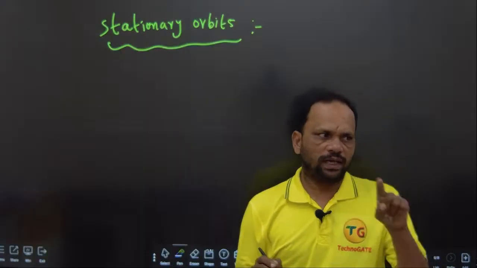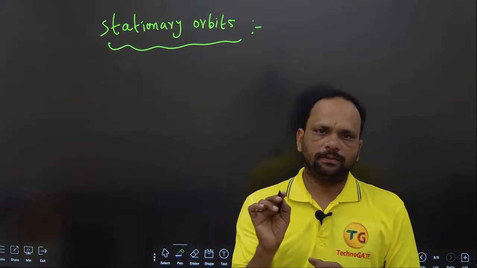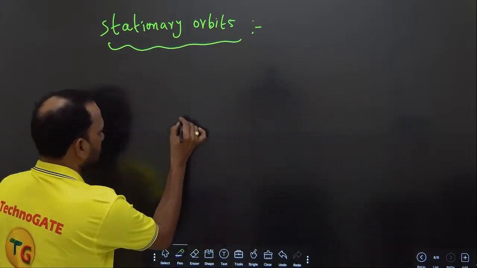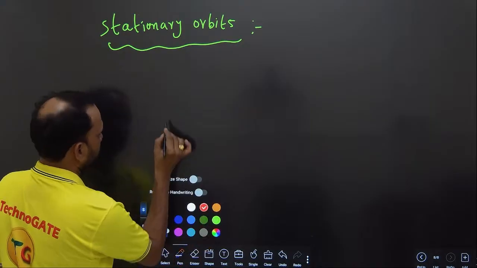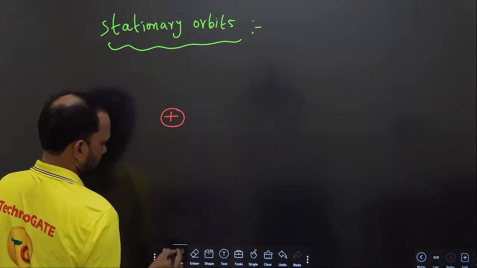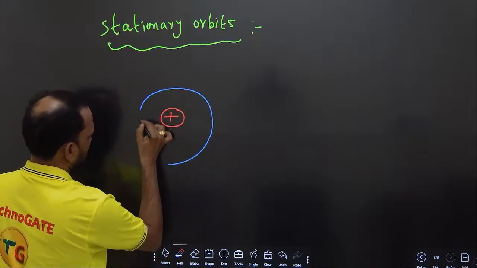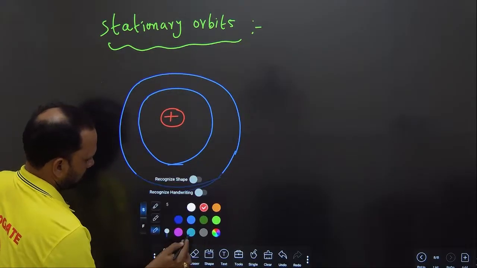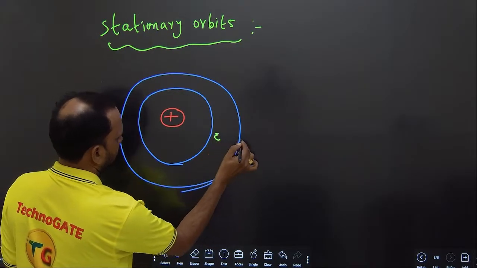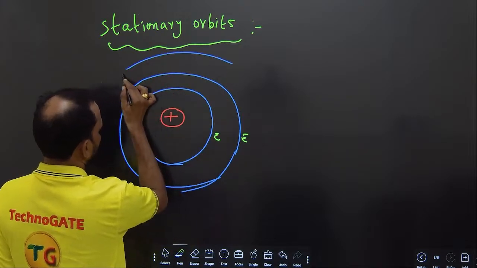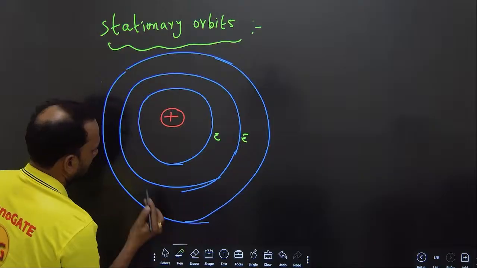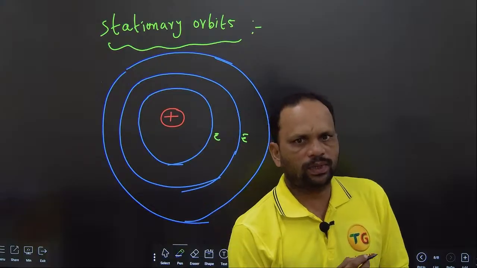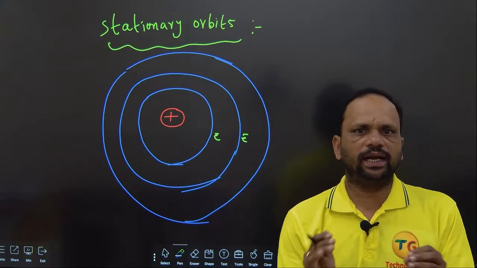In the first postulate, electrons are revolving around the nucleus in a discrete circular orbit. Here, the electrons rotating around the nucleus, this is the nucleus, are moving in circular or discrete orbits which don't radiate any energy.